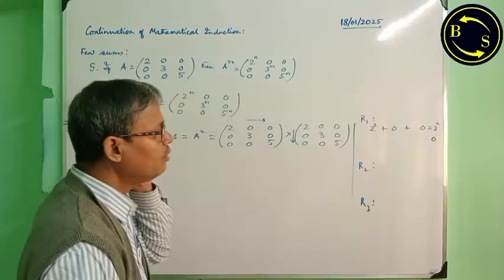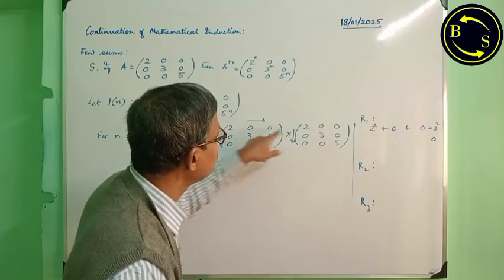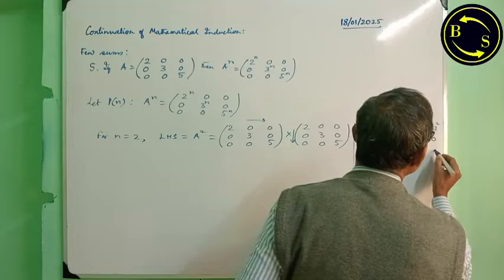And for the third element in the first row, 2 into 0 plus 0 into 0 plus 0 into 5, result will be 0.